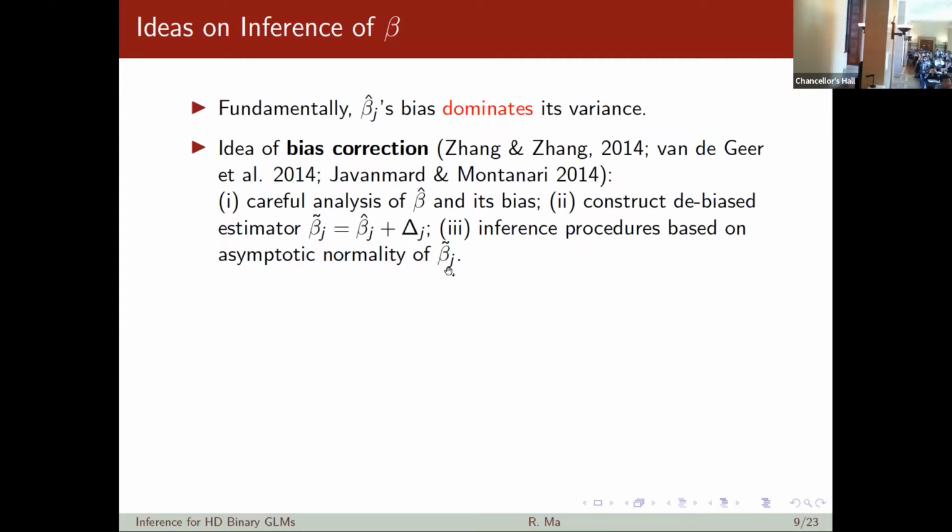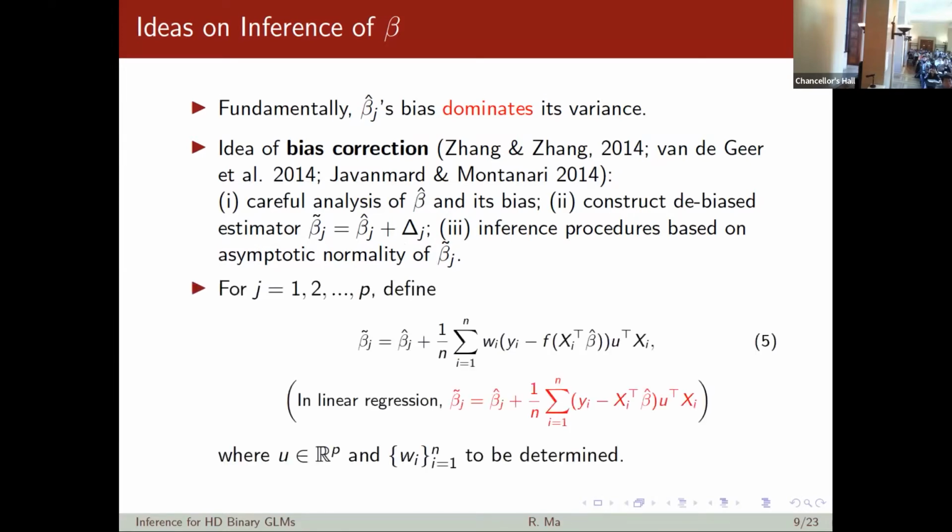In particular, we will also be able to obtain asymptotic normality once the remaining bias is kept small, and inference procedures can be developed accordingly, just as we have done in classical statistics.